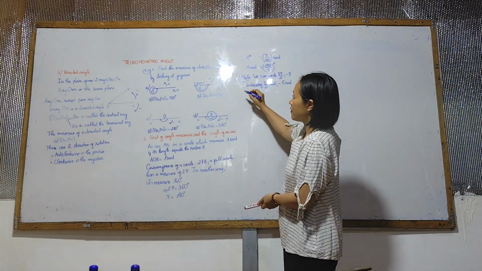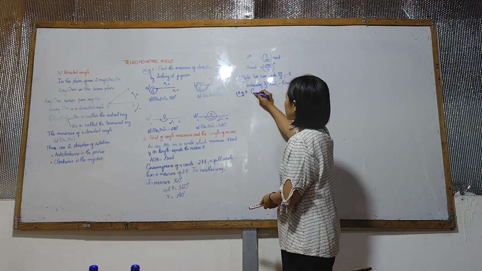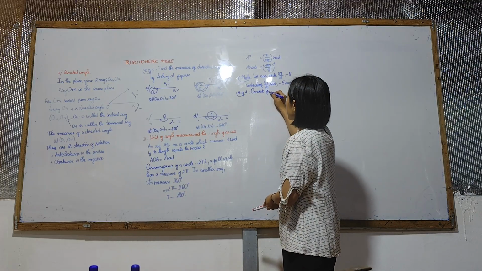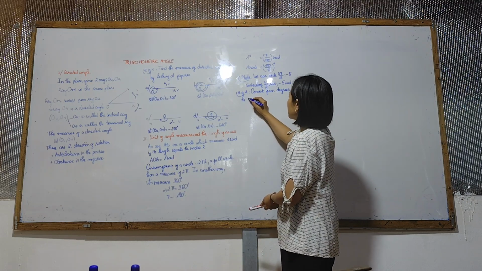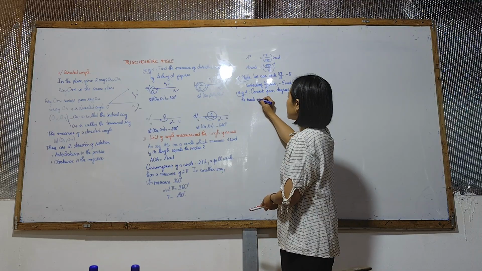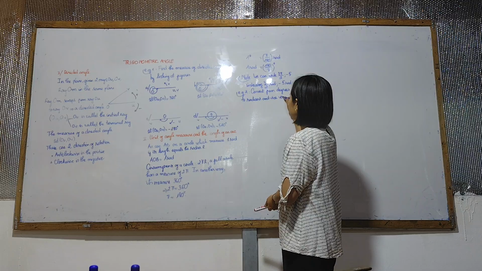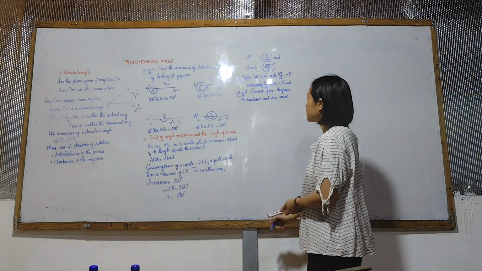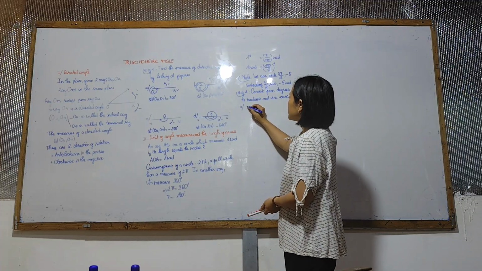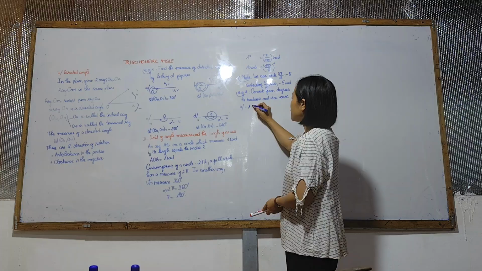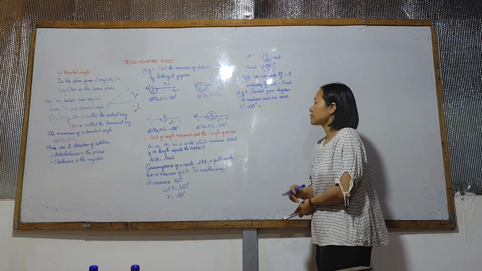Now we have example 2. Convert from degrees to radians and vice versa. A: negative 135 degrees.